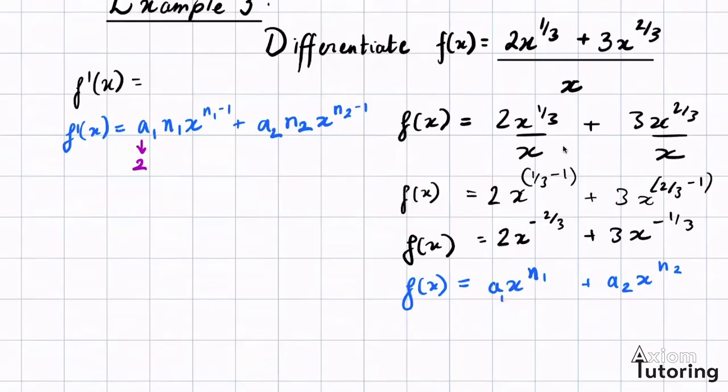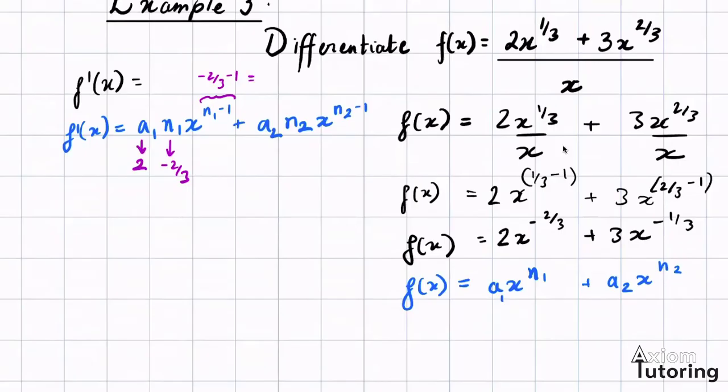Our n1 is our actual value in the index here, which is minus 2/3. And then n1 minus 1 is minus 2/3 minus 1.